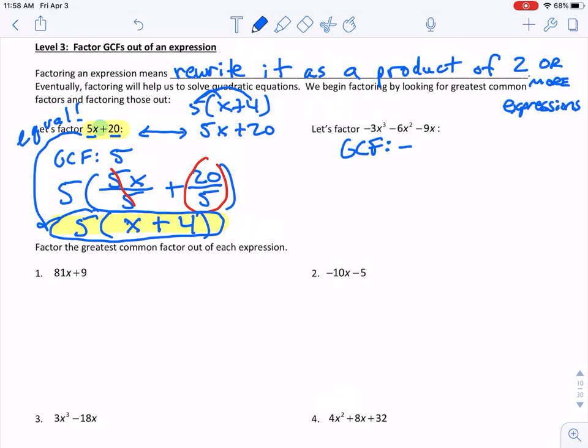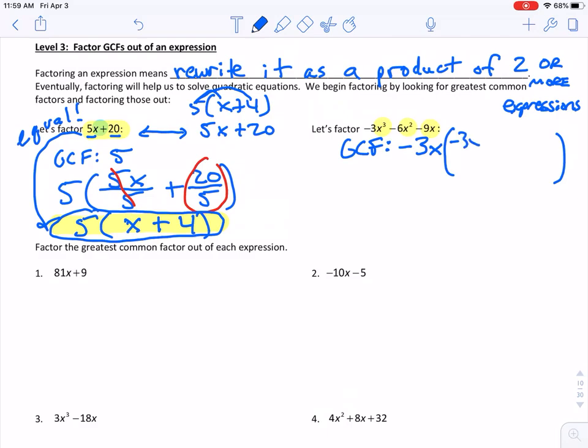So between 3, 6, and 9, the largest number that goes into all three of those is 3. And now if we're looking at x cubed and x squared and x, you can take out an x because that's the largest that is in common to all three terms. And we're going to follow the same roadmap we did earlier.